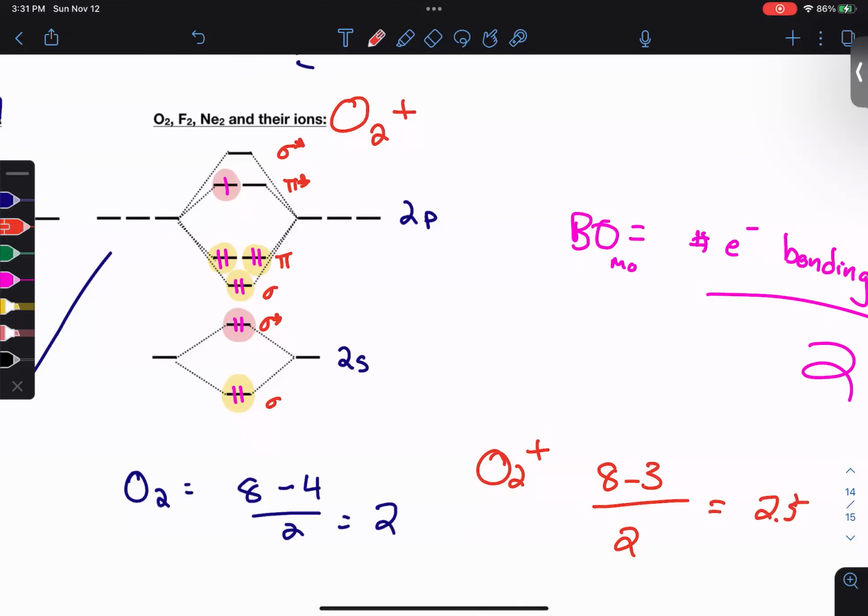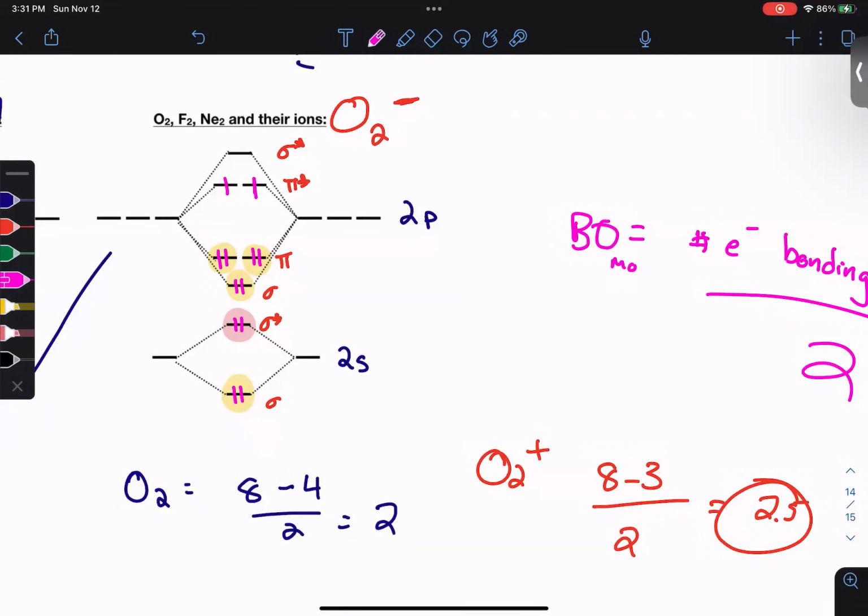Yes, 2.5. So let's do O2 minus. Again, start with the neutral molecule, so I'll go back to the neutral O2. To make an anion, what do we have to do? Add an electron, but where are we adding it?